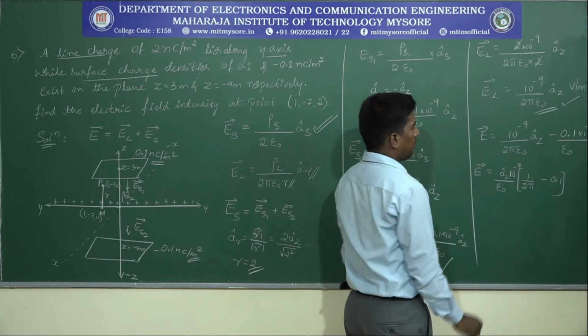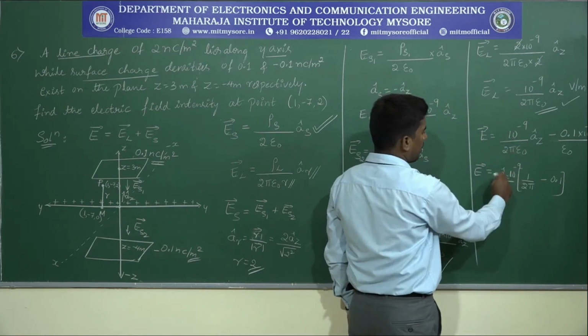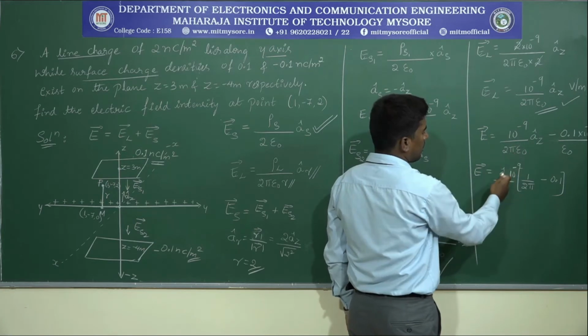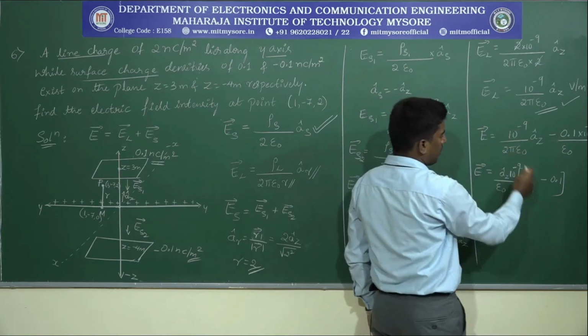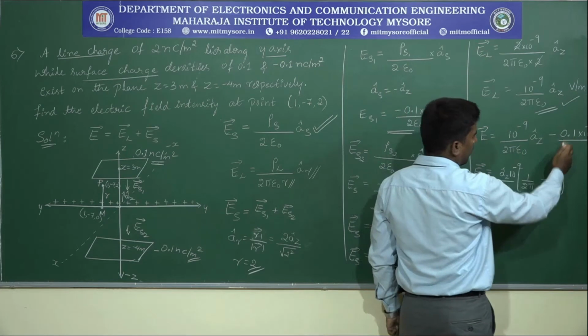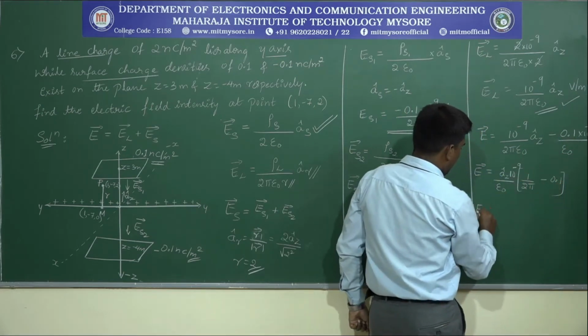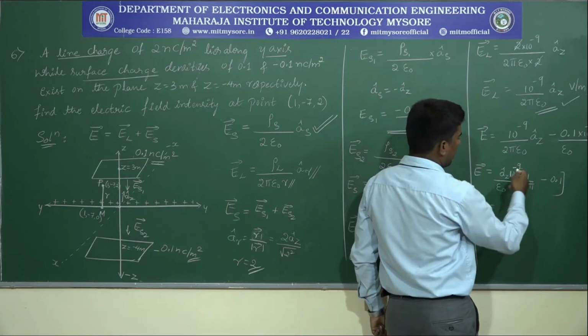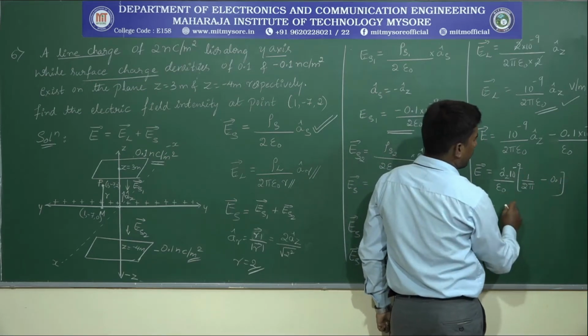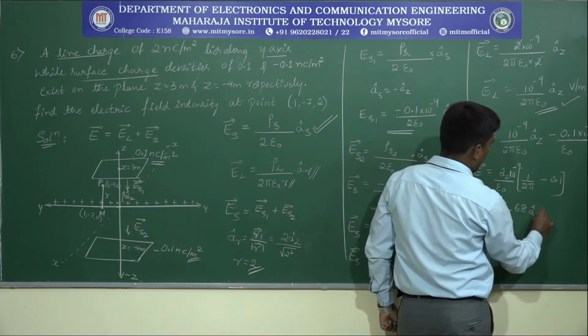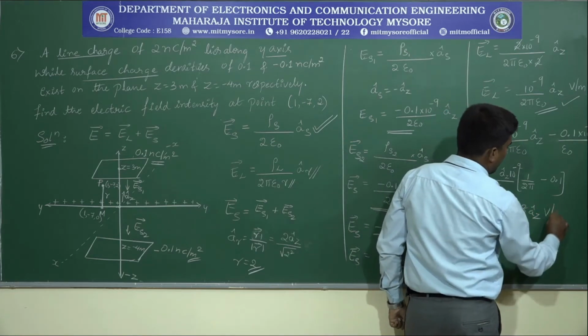See here, 10 power minus 9 is taken outside, epsilon naught is taken outside, Az is taken outside. We are left with 1 divided by 2 pi in this term and minus 0.1 in this particular term. Therefore, if we solve this by taking LCM and all, we are going to get 6.68 into A cap Z volt per meter.